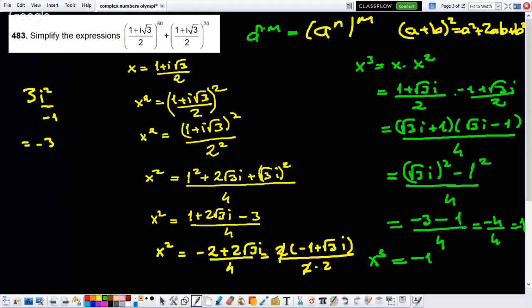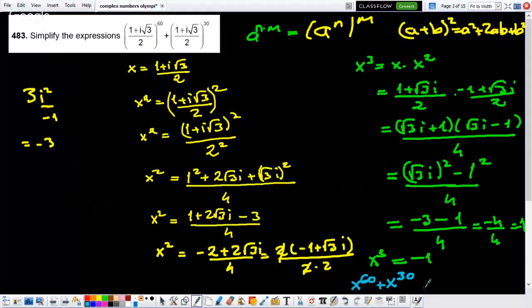Okay, then I'm going to move a bit downward, and here it is. This is the last part now: x to the power of 60 plus x to the power of 30.